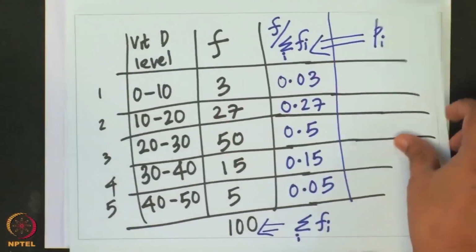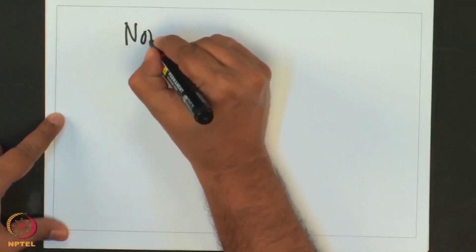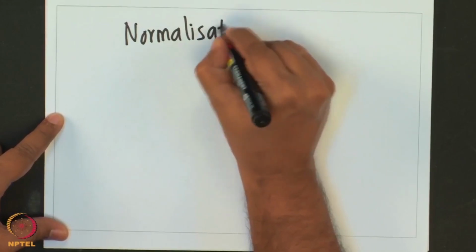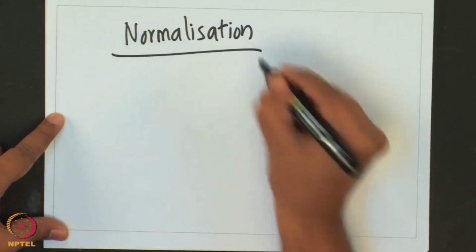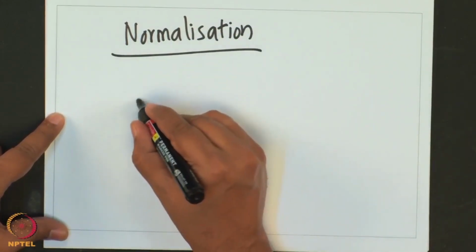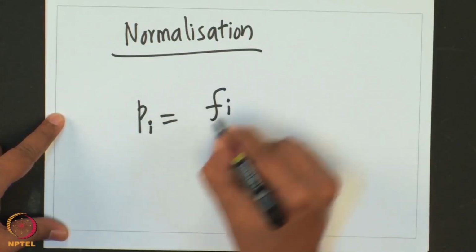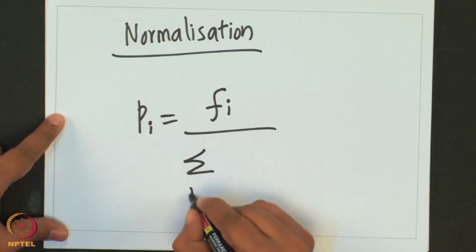This is an important thing to remember. This process that we did is called normalization, which is basically calculating Pi equal to Fi divided by the total.